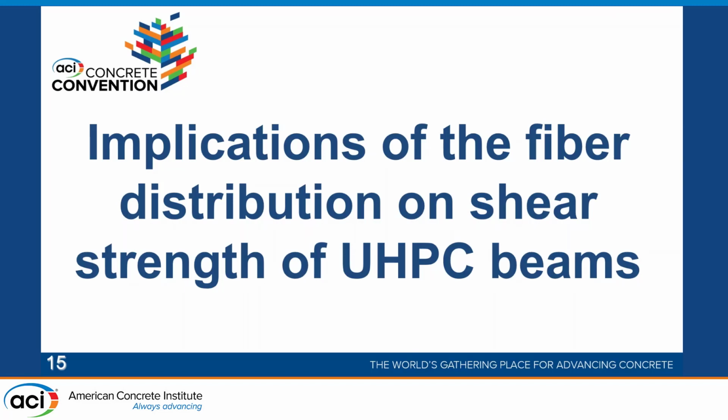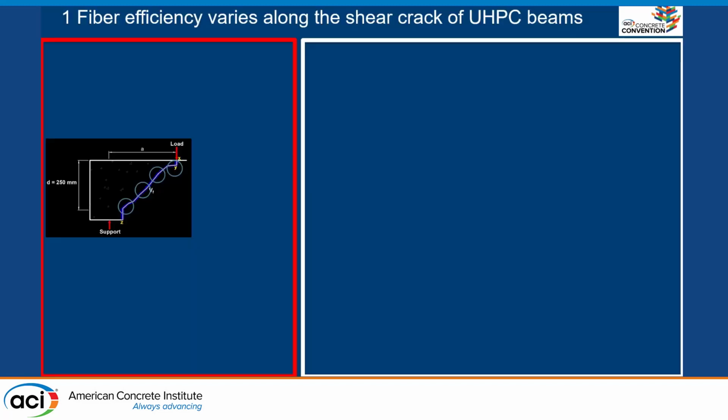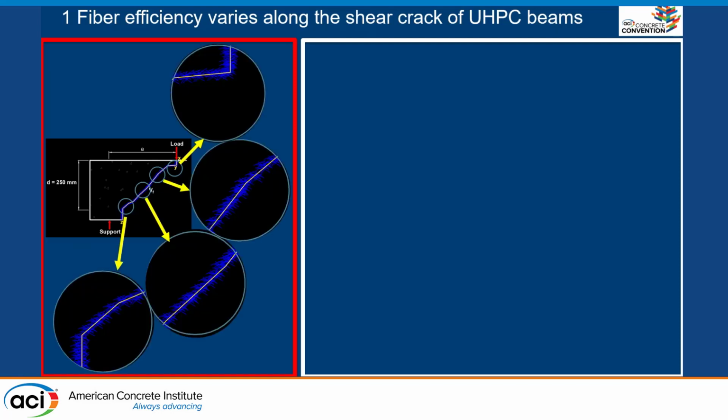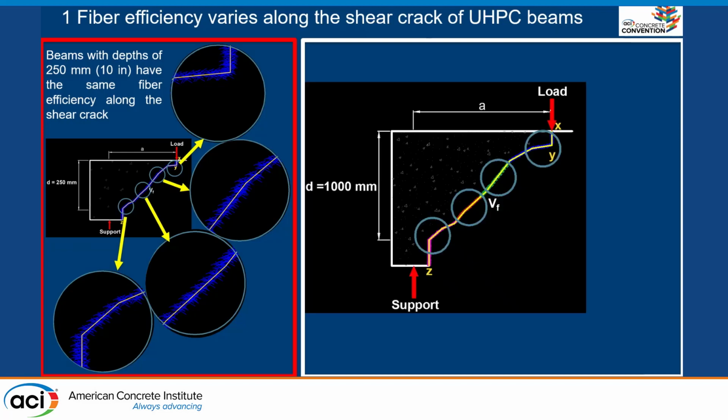There are some implications of the fiber distribution and shear strength on UHPC beams. One of these is that fiber efficiency varies along the inclined shear crack of UHPC. So if you have a beam that has 250 millimeters, we're going to have some random orientation along the inclined shear crack, telling us that beams with this effective depth of 250 millimeters have the same fiber efficiency along the inclined shear crack.